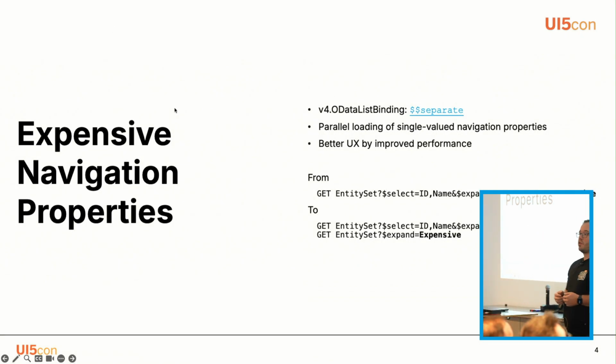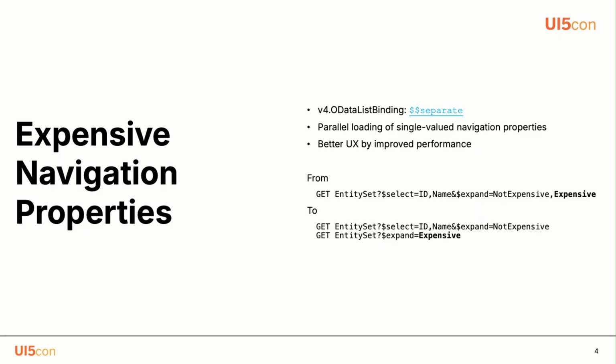So for this scenario, we introduced a new binding parameter for the OData list binding, the so-called $separate. And this binding parameter allows to define one or many single-valued navigation properties, which then should be requested in parallel batch requests. The goal of this is simple. We want a better user experience by improving the app performance.